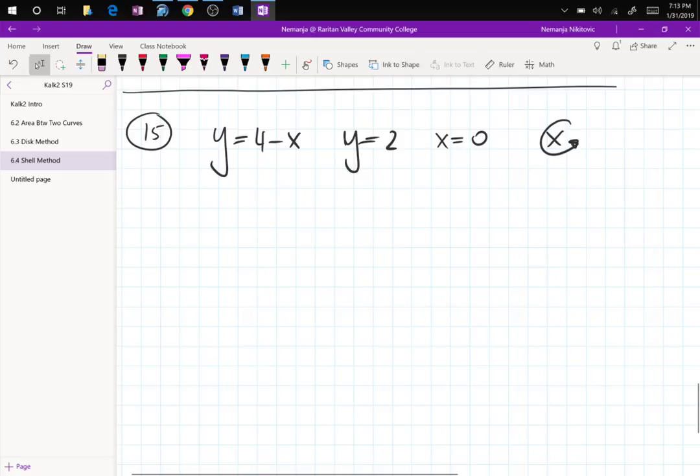Professor, is there a way to tell which function is f of x and which one is g of x? Well, you have to look at which one is on top and which one is on the bottom. You have y equals 4 minus x and y equals 2. One is going to be on top, one is going to be on the bottom when you draw.